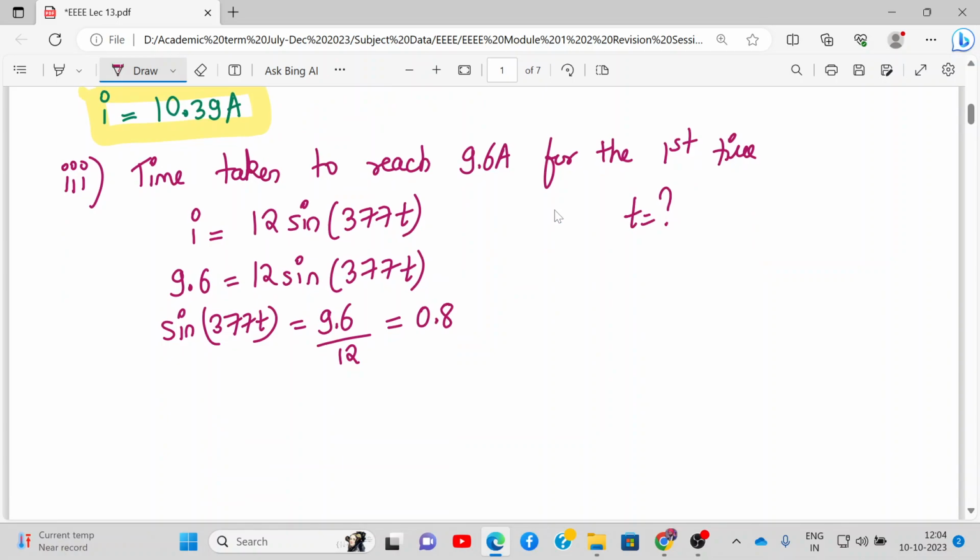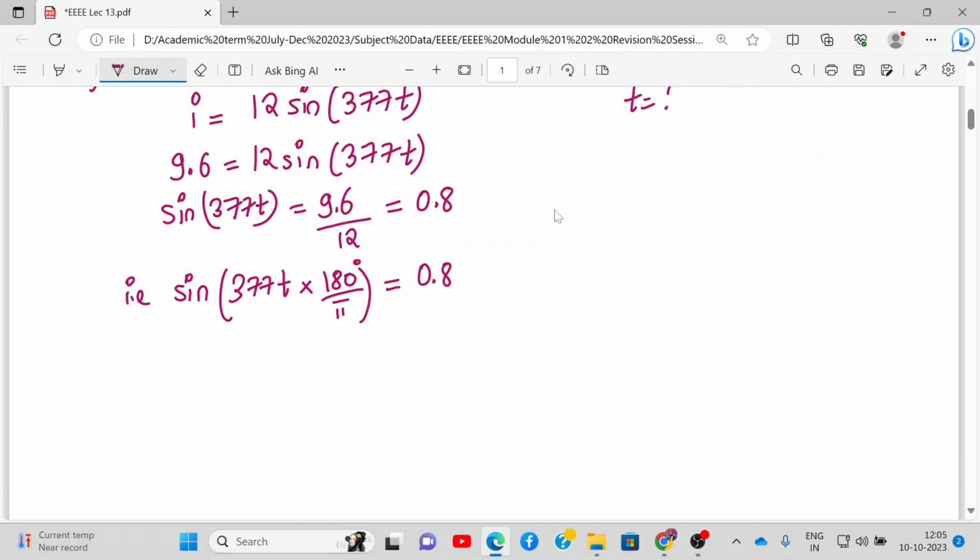Inside this it is in radians, so we'll write it as sine of 377t into 180 by pi, so now it becomes degrees, equals 0.8. So if I take sine inverse on both sides, I'll get 377t into 180 by pi equals sine inverse of 0.8.